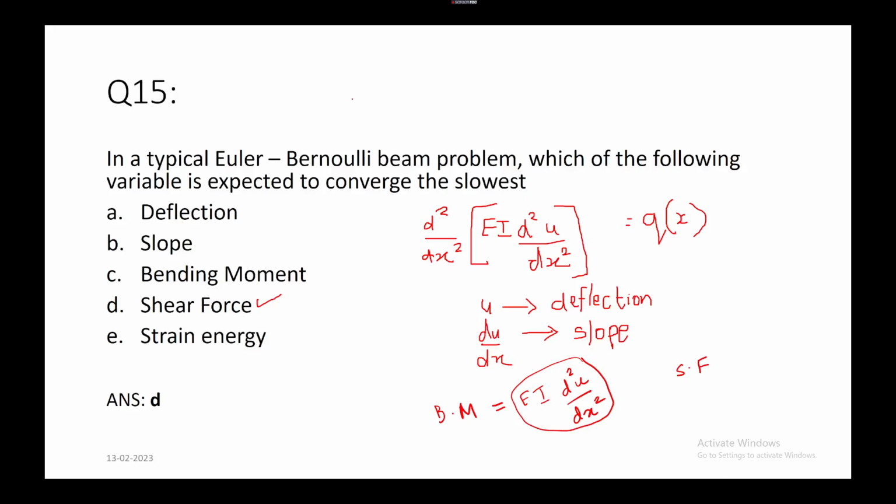If you recall, there is a classic equation for beam bending: M by I is equal to sigma by y. So your M is nothing but I sigma by y.